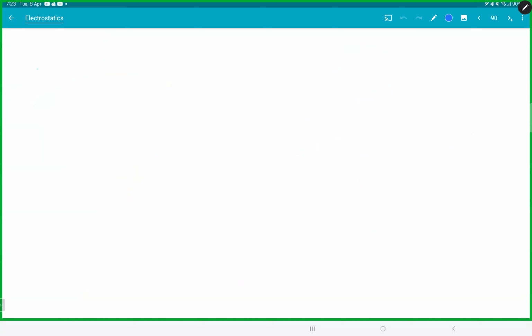So if I put this in a form, look at this. So lambda, r, this is theta. The field will be along the bisector. How much is that? 2k lambda by r sine theta by 2.